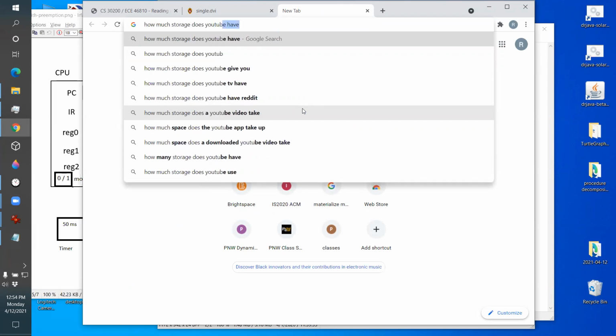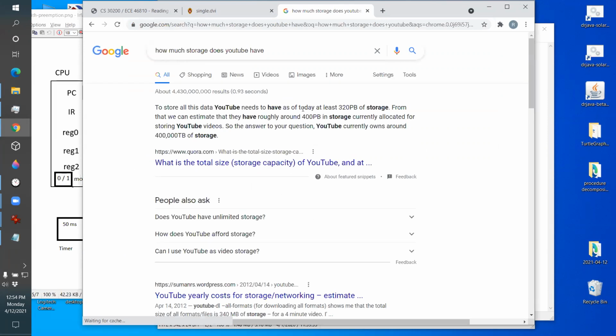I forget how many, it's 320 petabytes. So it's in the hundreds of petabytes at this point.